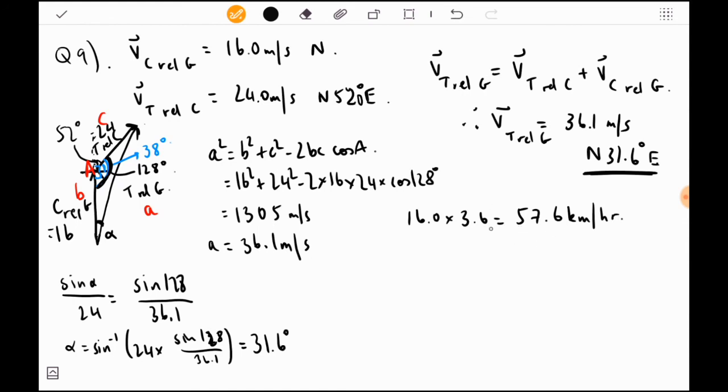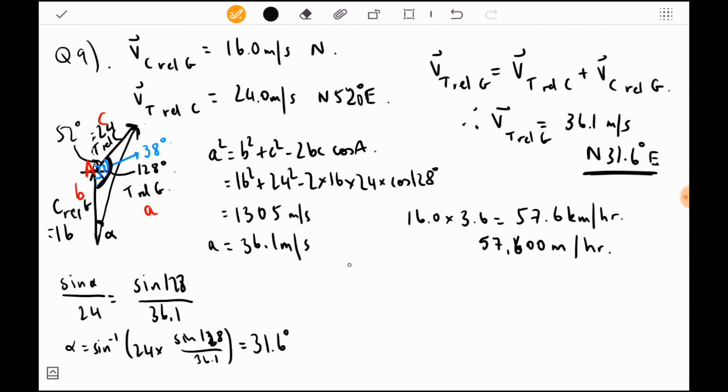And so this, of course, is 57,600 meters per hour. So to figure out how long it's going to take the truck to travel 57,600 meters north, we need to find out how fast it's going north.